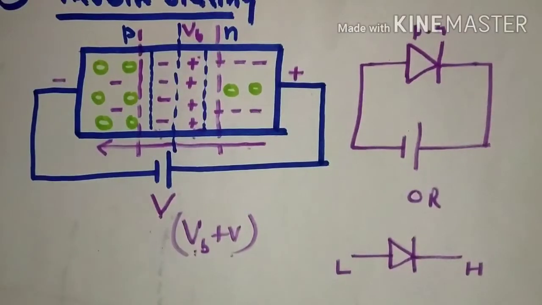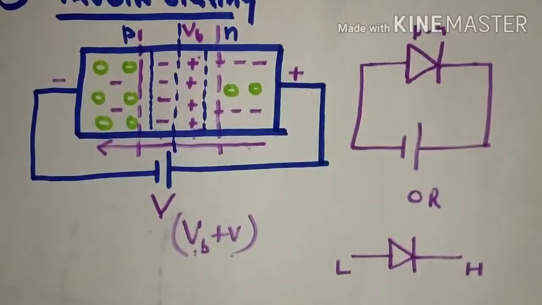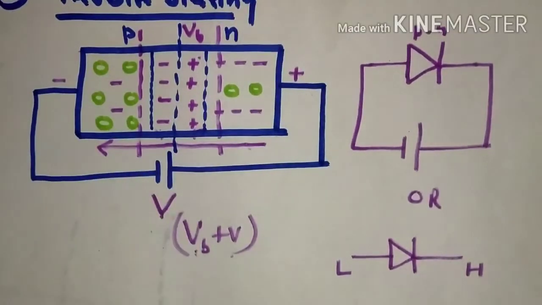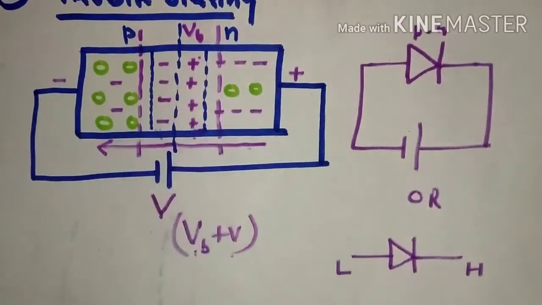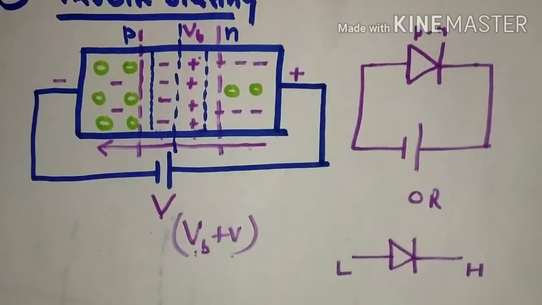But these minority current carriers are supported by this reverse voltage, and so they become able to cross the junction.